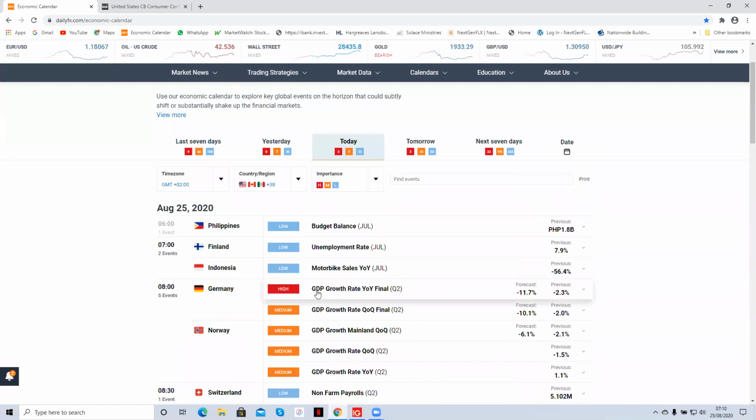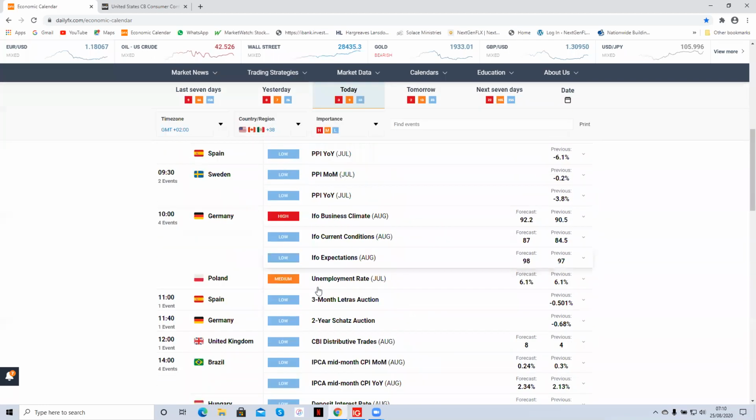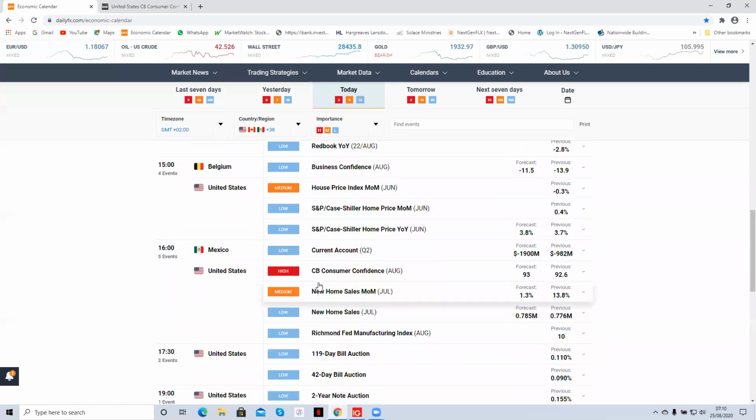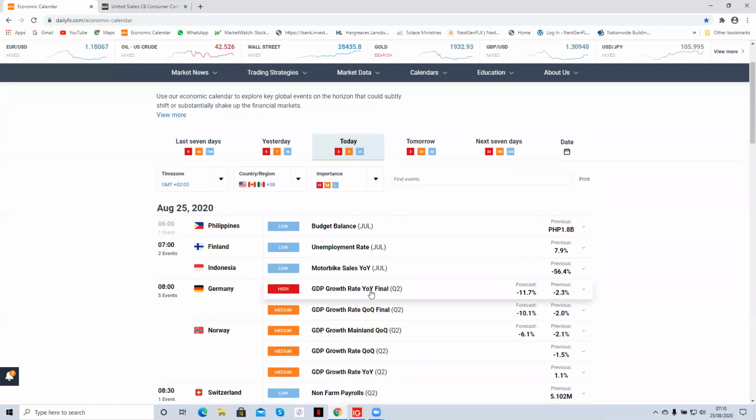Because the GDP report out of Germany is much more important than all these other reports due out today. This GDP takes precedence, more importance than the other reports.